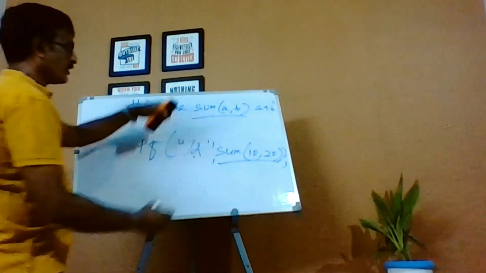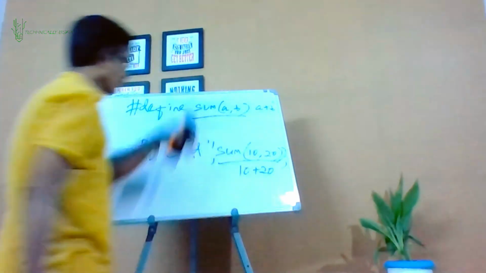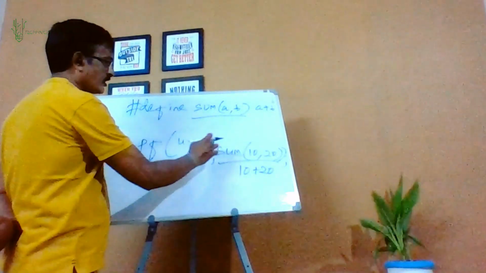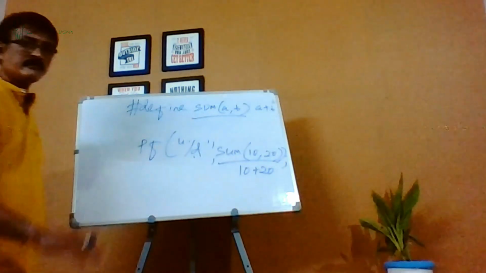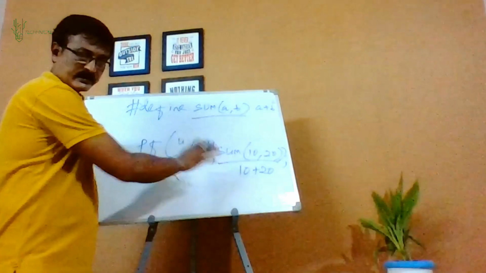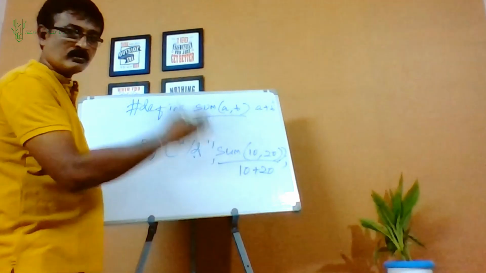Sum of 10, comma 20 will be replaced with 10 plus 20. So when you read this line, it will read as printf percentile d, comma 10 plus 20. Simply. Got it? Clear with this example? This is called a macro with argument.